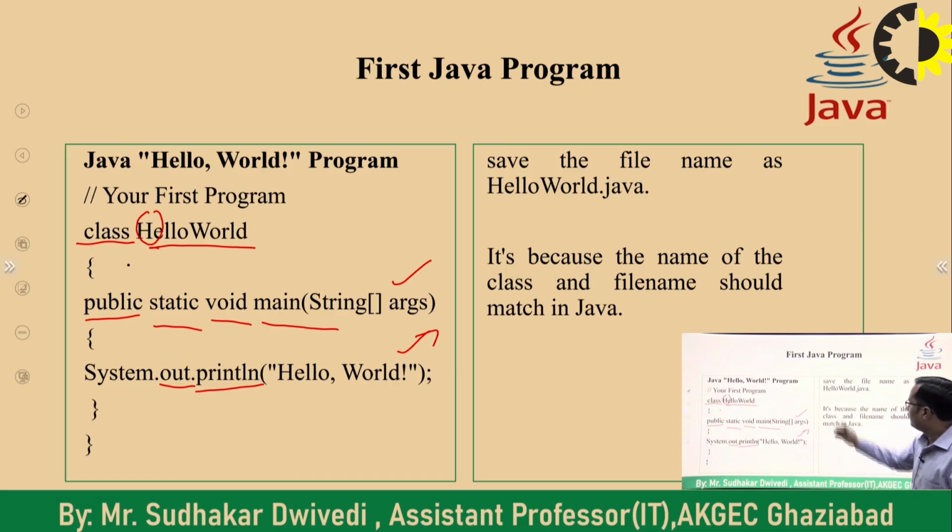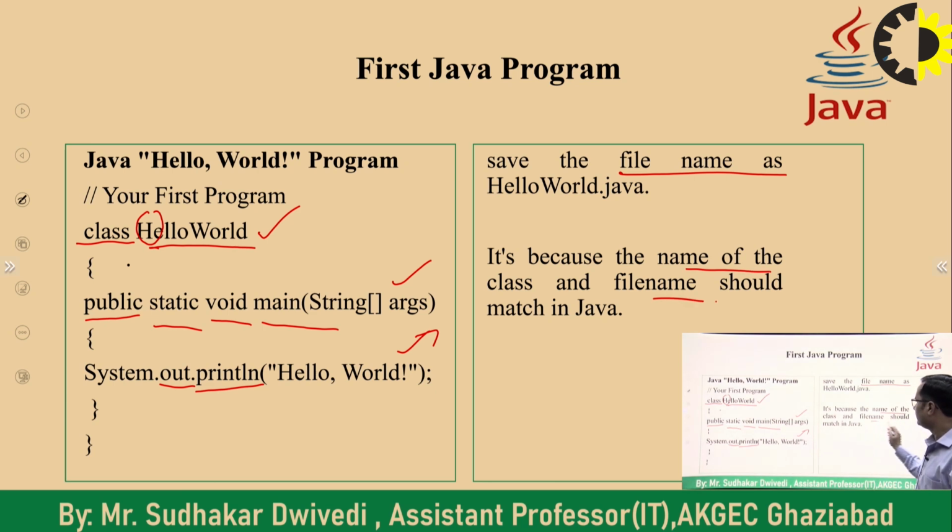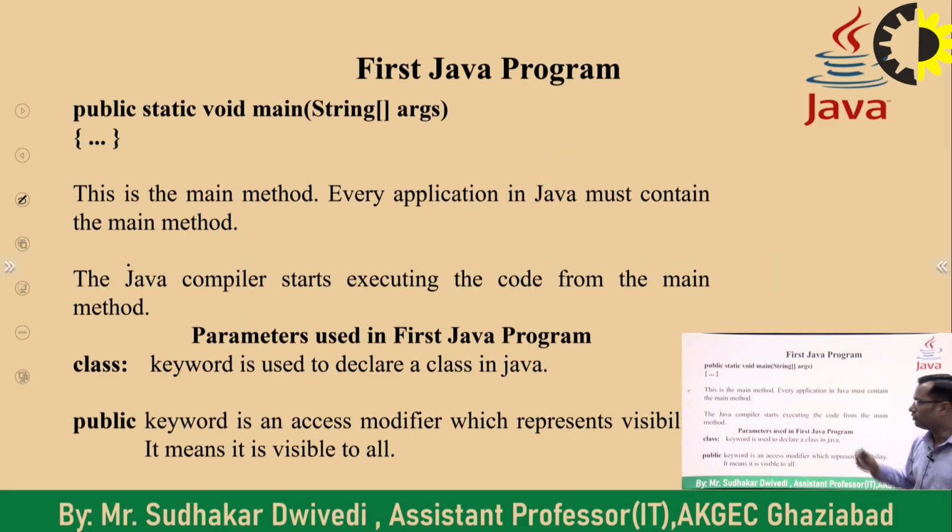Once we have created this program, we have to save the file with the class name which has the main method, right? Because the main method is in HelloWorld, we have saved this file as HelloWorld.java. So these are the components that we have used: public, static, void, main, and String args.